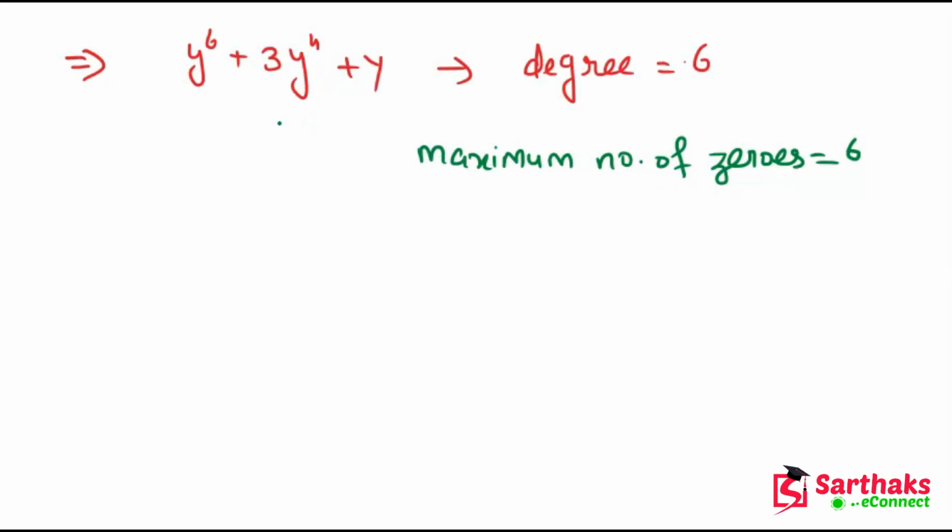It means there are 6 values after putting which we can get the zeros. Let's see how to find the zeros. Let's suppose we have a polynomial.